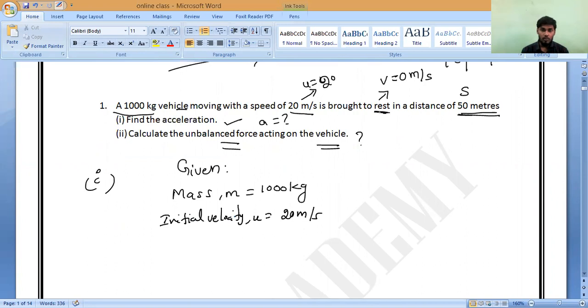Next, brought to rest means, in the sense of, what is the final velocity? V is equal to 0 meter per second. Now, distance S is equal to how much? Distance S is equal to 50 meters.